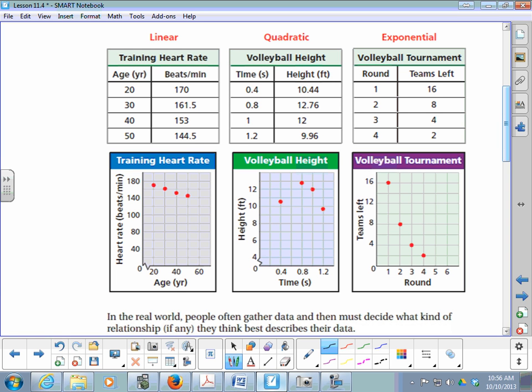So we're going to look at the different types of functions and be able to tell whether a set of data is going to match one function or the other. And then we're probably going to add to that a little bit of finding out what that function is according to the information.